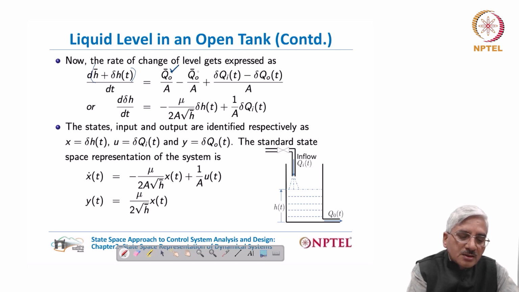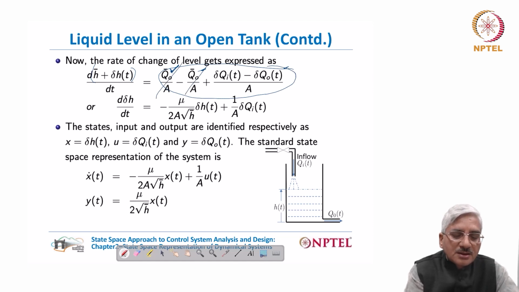Similarly, for Qo we have Qo bar plus delta Qo, so that Qi minus Qo becomes Qo bar plus delta Qi minus (Qo bar plus delta Qo), and with the minus sign, if we split, we get this one. And in that, these two Qo bar terms cancel each other.